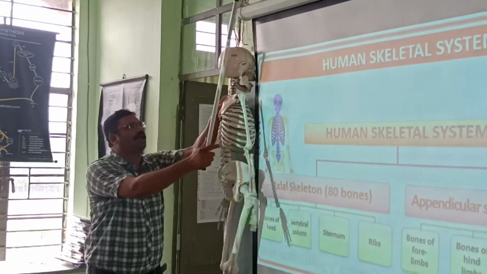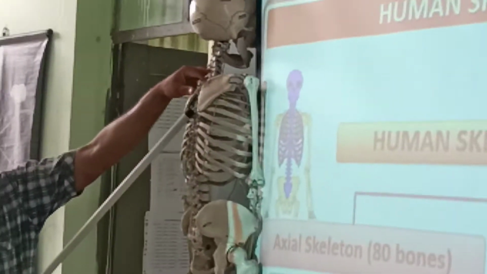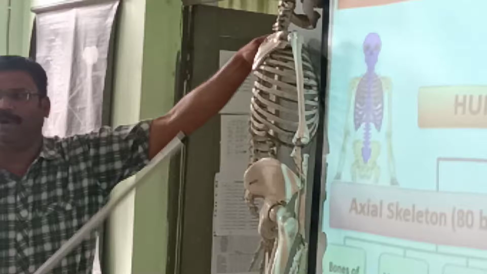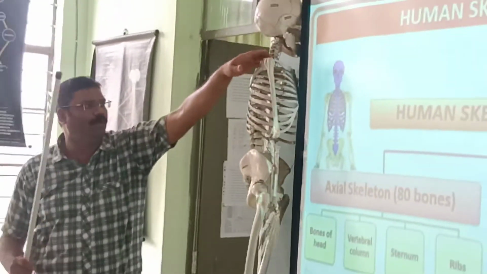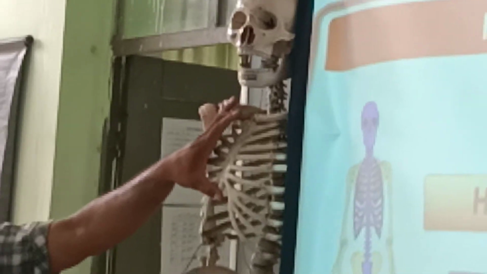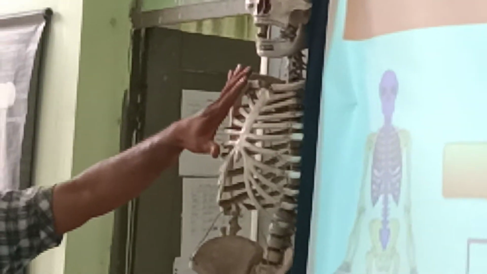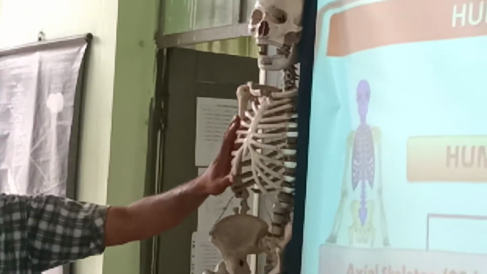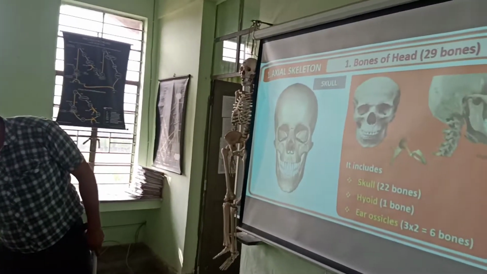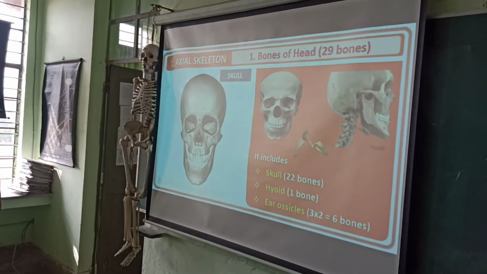This is the vertebral column. There are 26 vertebrae. One by one I will tell each and everything, no problem. Then on the front side, this flat bone is called the sternum, and there are 12 pairs of ribs. In our next slide, we will first discuss the bones of the head.